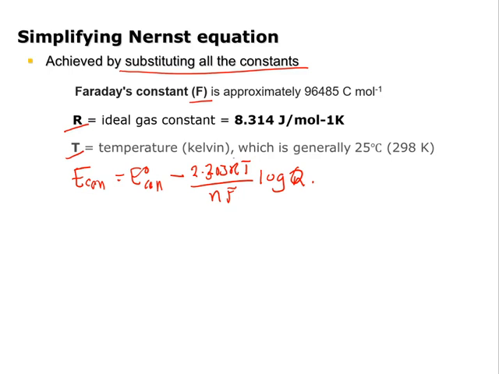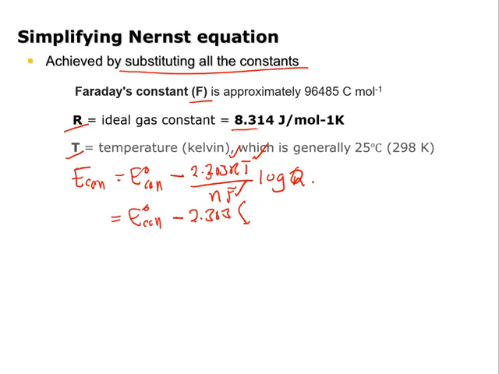So we can substitute for R, T, and F, so that it gives us a simplified version of the Nernst equation. So from this, what you get is E cell equals E standard minus 2.303 open bracket.